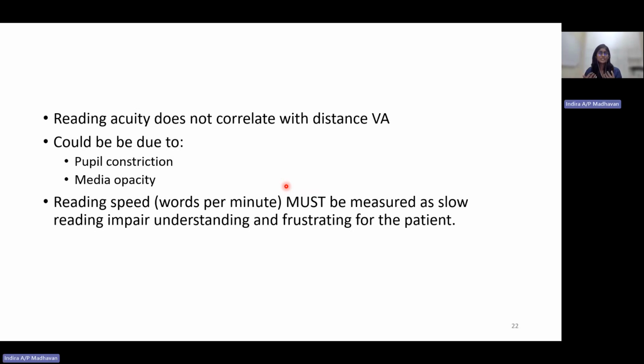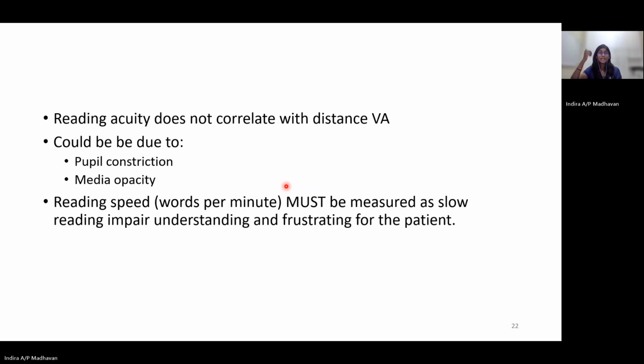So when you let them try the magnifier, the patient improves by a few lines and achieves the target that they want to achieve. For the first time, when you give them a magnifier, from not being able to see anything, now they're able to read down to the smallest line, they will be very excited. They will say, oh, this is good.